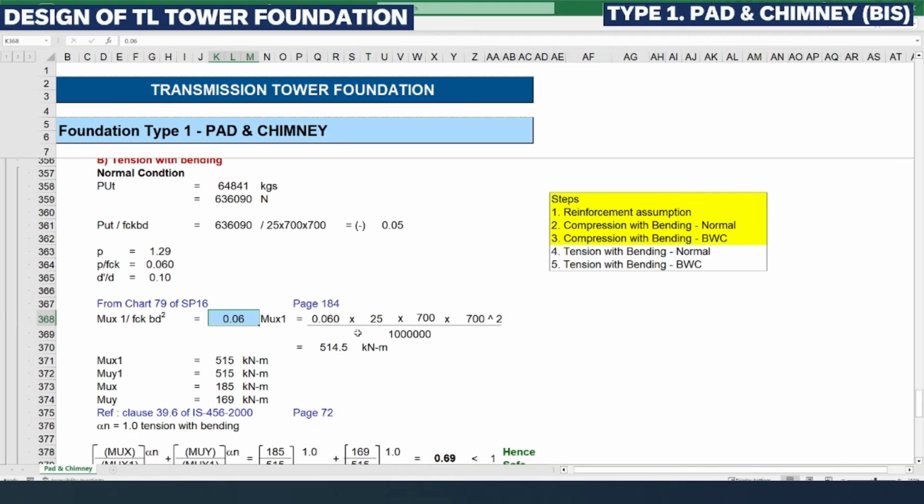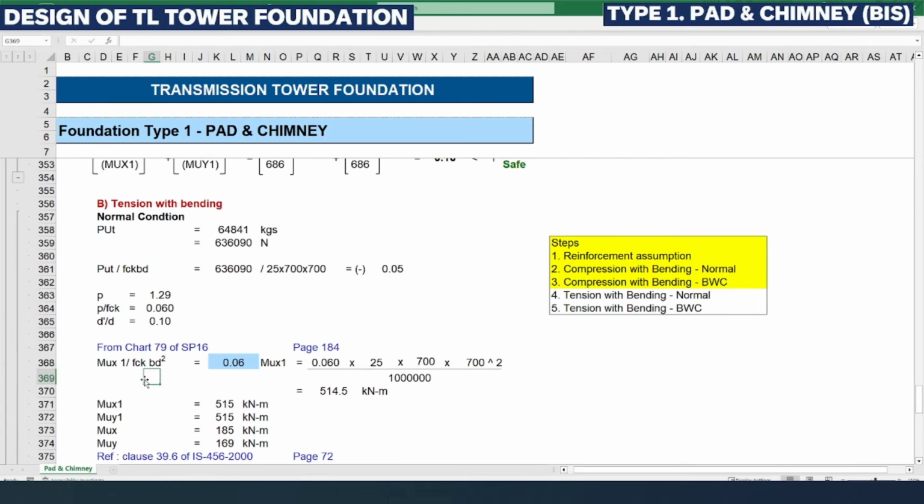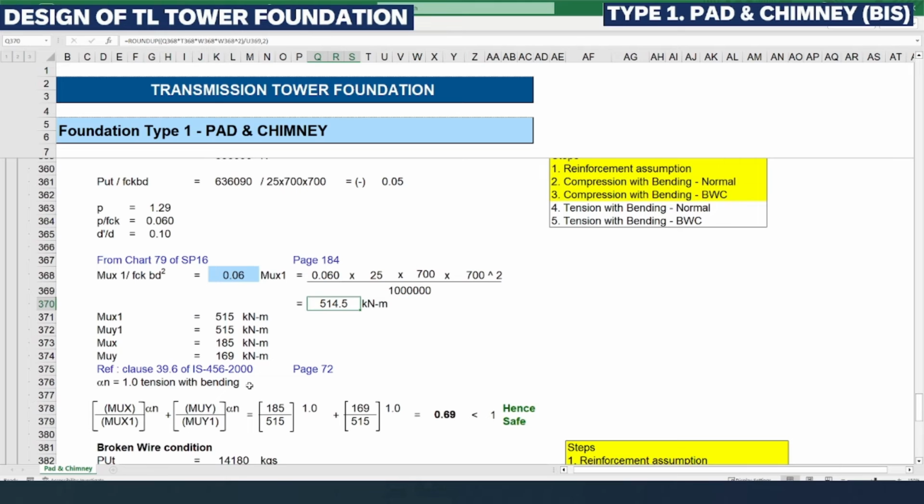Then as usual, we need to find out that Mux value. So it means we need to multiply this fck, where the denominator will go to the numerator. Likewise, this equation we need to apply the same way we did for compression with bending cases. So finally we are getting Mux1 and Muy1, because that Mux and Muy we can consider the same moment carrying capacity which is calculated here, as it is a square and equally distributed reinforcement.